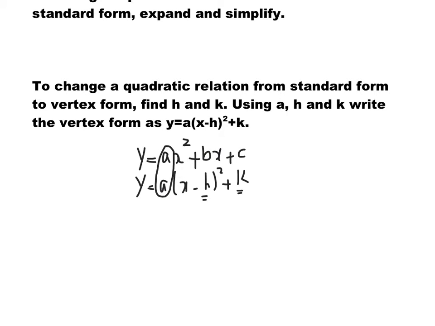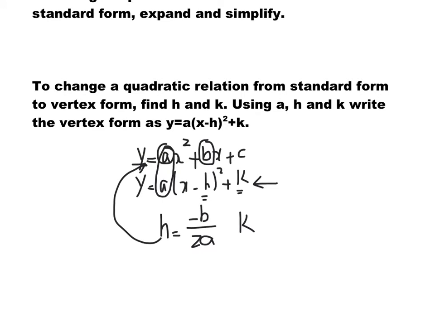To find h, I use that formula. H is minus b over 2a. And remember, b is this one and a is this one, so I can find h. When you find h, you put it back in this equation again because it's given, and you can find the value for k. When I know h and k, I can just write the vertex form very easily.